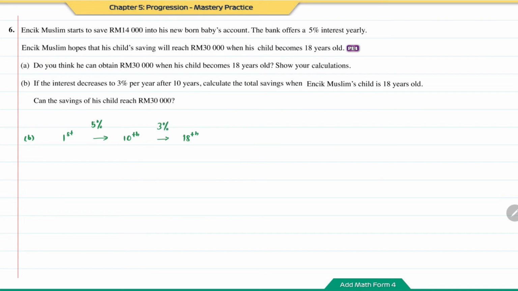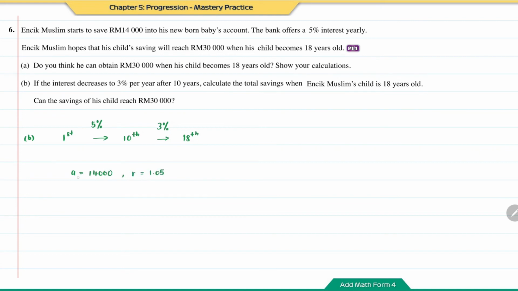So in order to calculate the amount of money after 10 years, we're just going to use the method in A, as you still have the same interest rate and the principal. So in question A, if you still remember, the A is 14,000 and the R is 1.05.